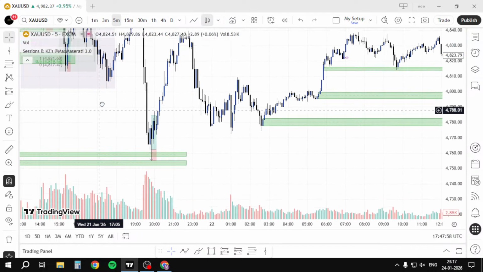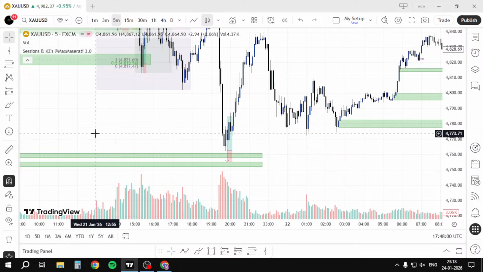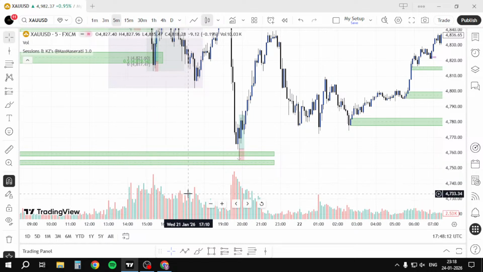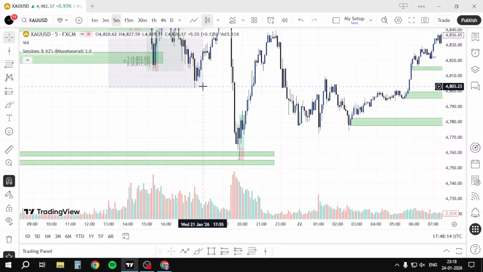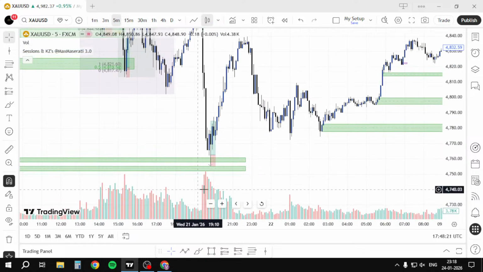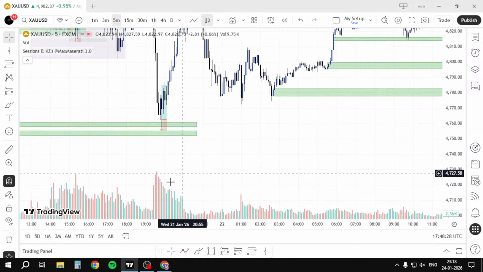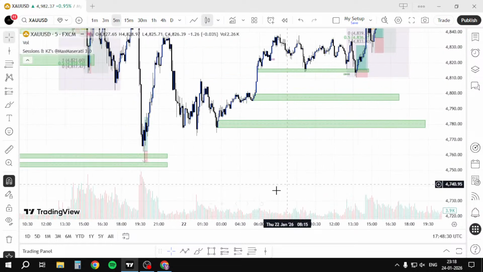Here the volume bar is up, and from here the volume increases until the London and New York overlap session closes. No doubt there are also high volume bars here because of the liquidity sweep and high selling, but the actual thing is this.